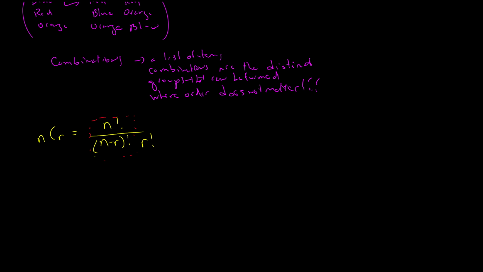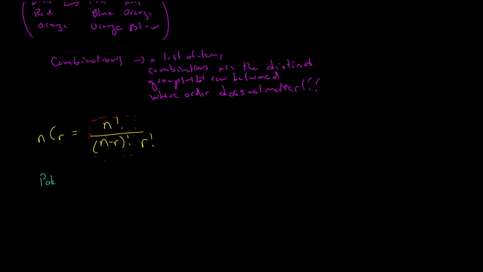And what happens is r factorial is the number of ways. Notice that these three objects that I kept doing, there would have been 6 permutations of those. It's how many ways the things I chose could reappear, and we have to divide out the repetition. And so let's look at an example.